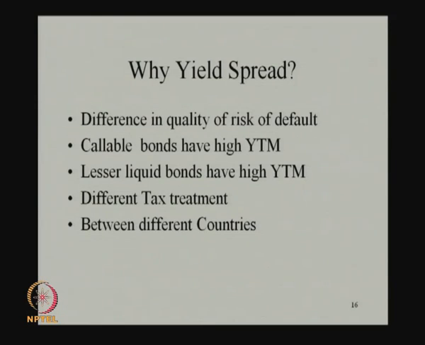Between different countries, country risk also plays a role, so if bonds are issued from different countries, the return from them will also be different. Therefore, in aggregate, it is the quality, the features, that means callable or non callable, the liquidity, the tax and the country risk that play a significant role in determining the change in interest rates between different types of assets.